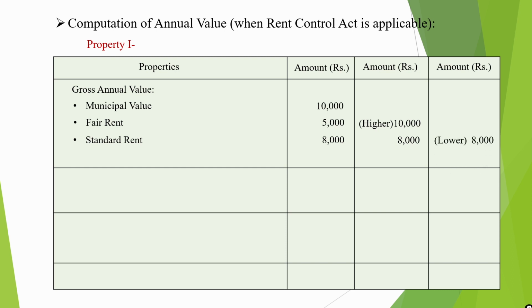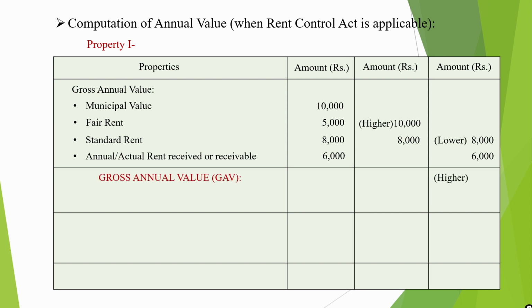It is also called expected reasonable rent. Now this 8,000, that is expected reasonable rent, you compare with annual or actual rent received or receivable, that is rupees 6,000, and take the higher amount, that is rupees 8,000, which is gross annual value of house property 1. Okay.